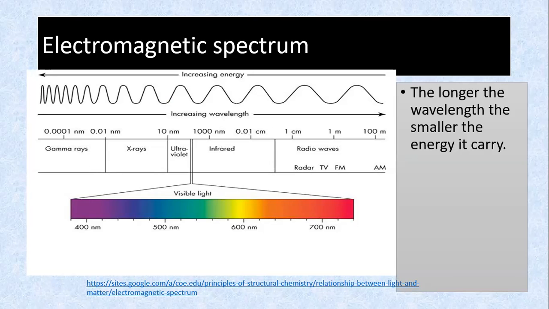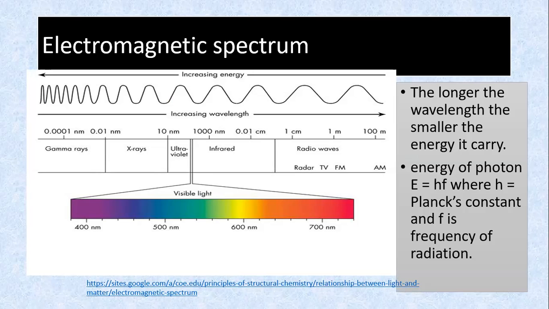So the longer the wavelength, the smaller is the energy it carries. If you can take this formula, this one you studied, I think, the last semester. E, energy of photon, energy of the wave, we think of it as a particle, equals hf. h is Planck constant, f is the frequency.